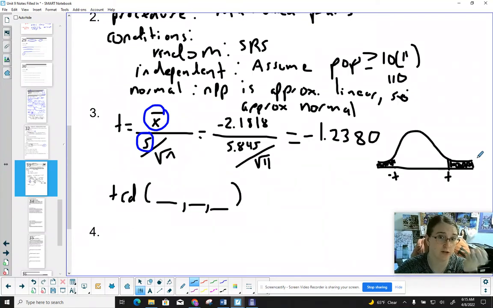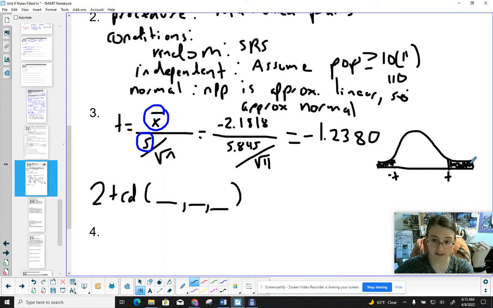It doesn't matter which tail you choose because they are symmetrical. You just have to choose one. Typically, again, we choose the absolute value one. So even though my t-score was negative, typically we choose the positive of that, but it really does not matter. So again, you are going to be doubling your TCD.